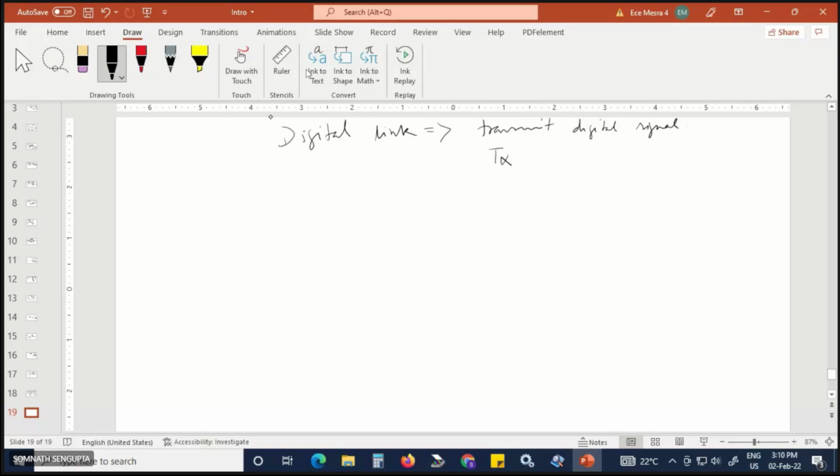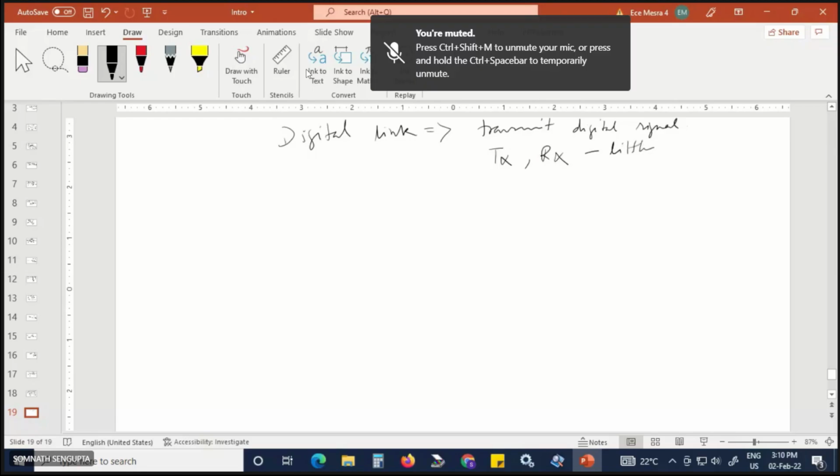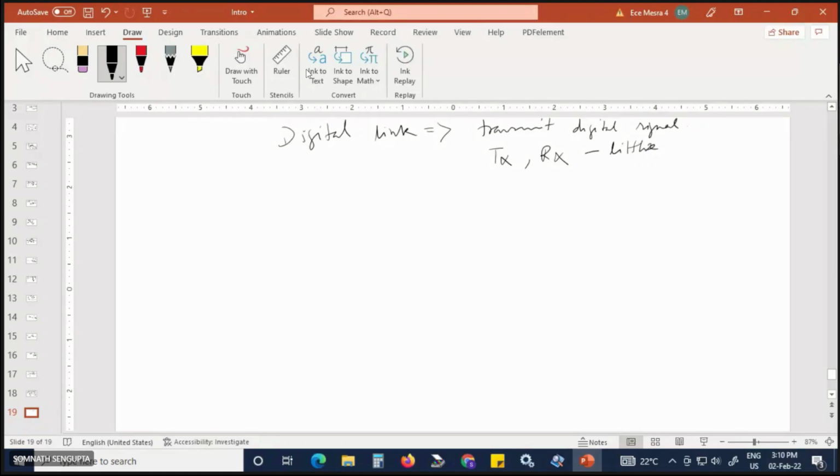Okay, you know that in case of digital signal transmission, you have to decide the threshold. So in the transmitter and receiver circuit, a little change.